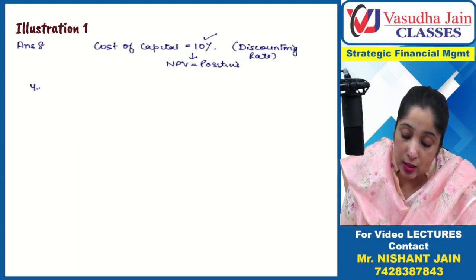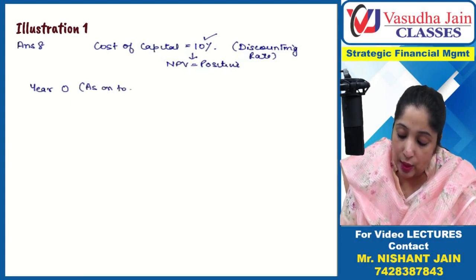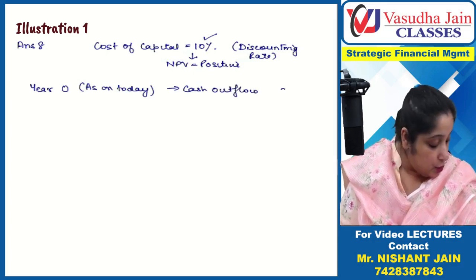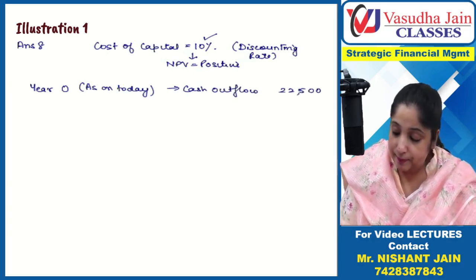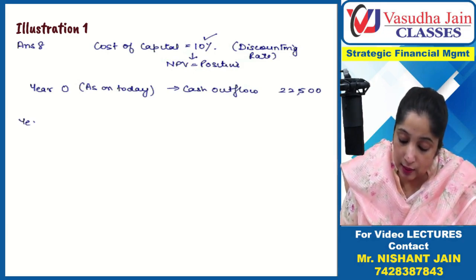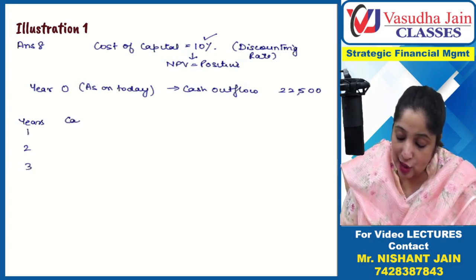Now, in year 0, that is as on today, your cash investment or outflow is 22,500, right? And if you consider inflows, every year cash inflow is how much?